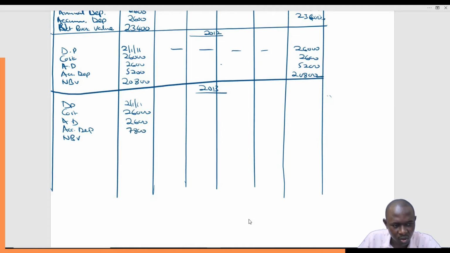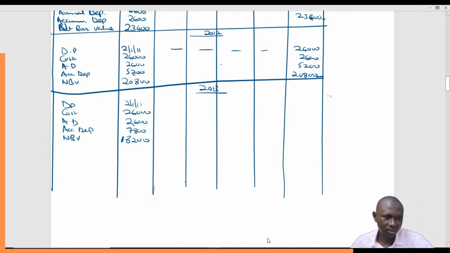Accumulated depreciation will now be the accumulated 5,200 plus the current one 2,600, which gives you 7,800. Then 26,000 minus 7,800, you get 18,200.